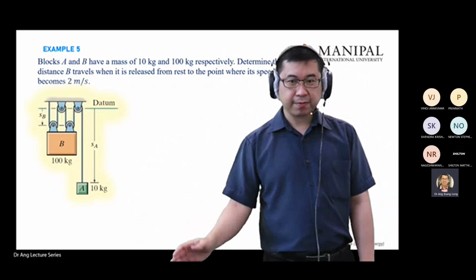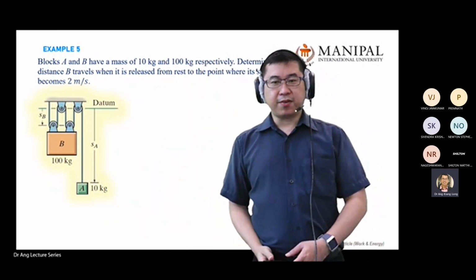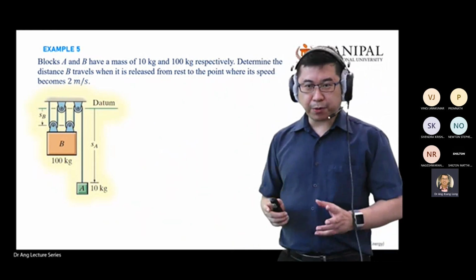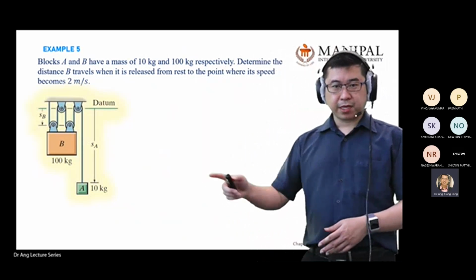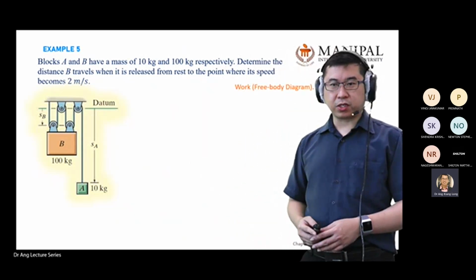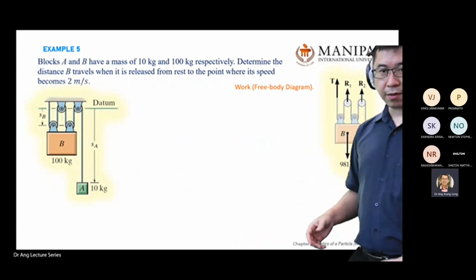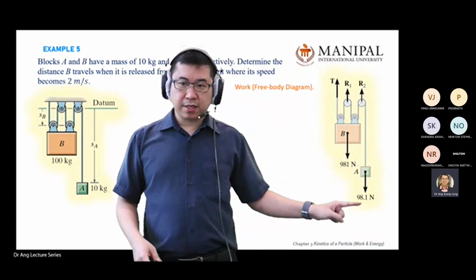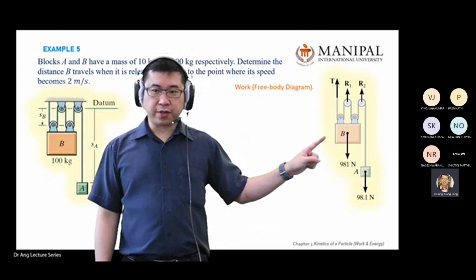Okay. Once you have all this information, the rest is just reconstructing the free body diagram and putting in the correct equation. Transfer the information into a free body diagram. Change from this one into a free body diagram.